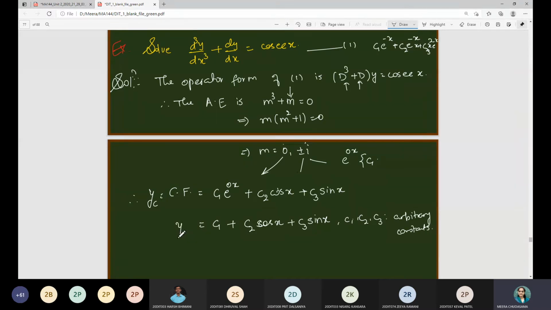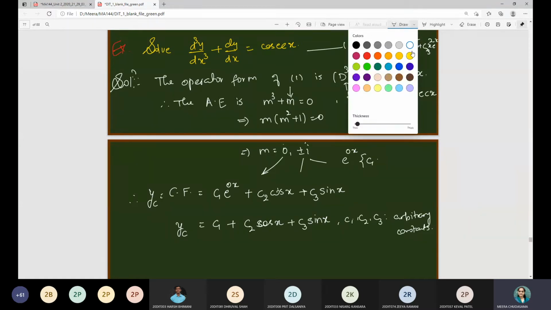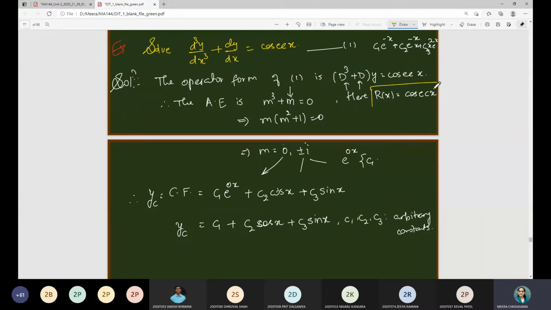So this is what you have as yc. Here r of x is cosec x. This is r of x, and this is yc, which involves three functions. So which are these three functions?